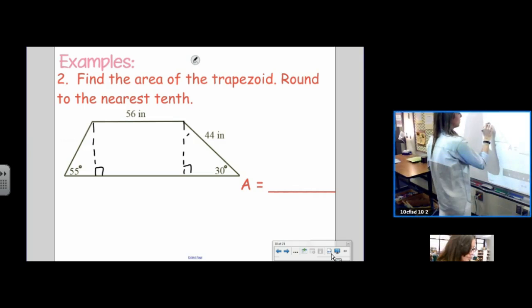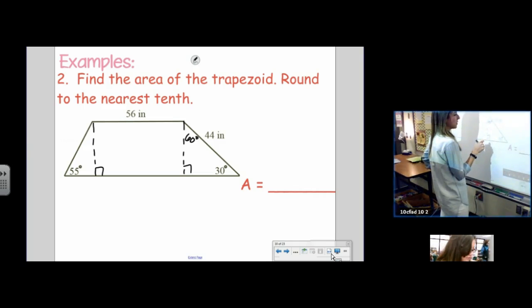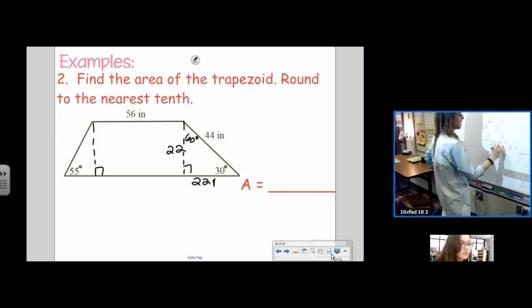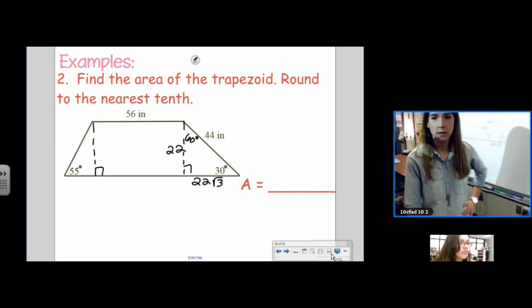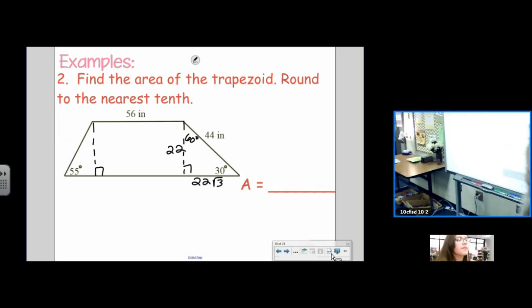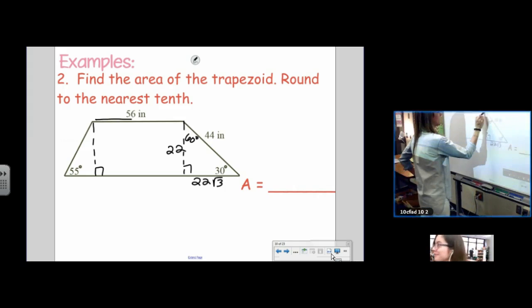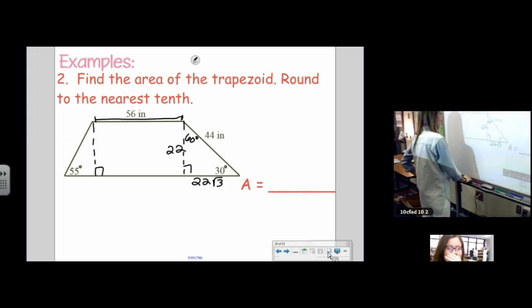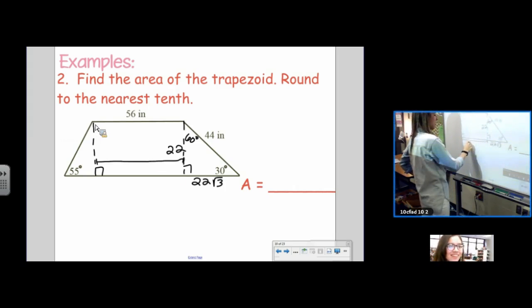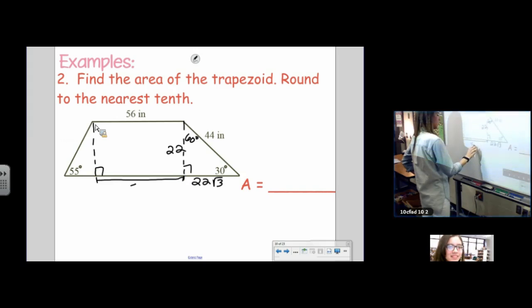So we know we've got 30, 60, 90 because we drew an altitude. We know across from 30 will be half of 44, and across from 60 will be half of 44 root 3. So we've solved that triangle to its fullest. We know we can take this 56, and we know we can translate that down like this. So this is 56.